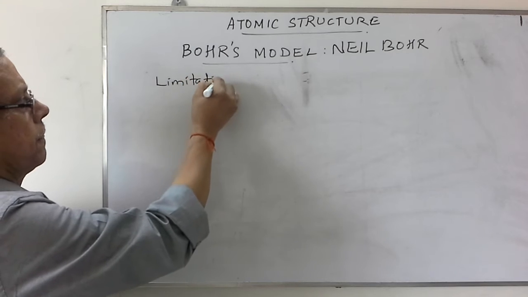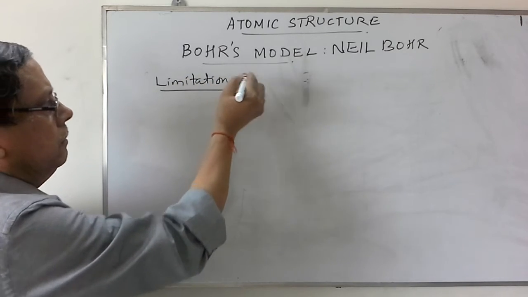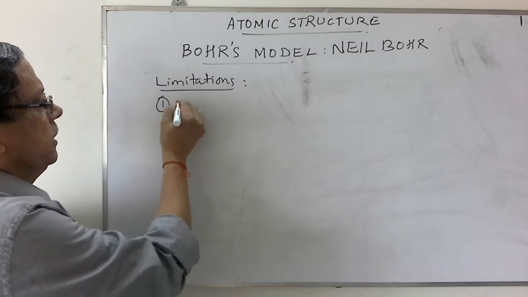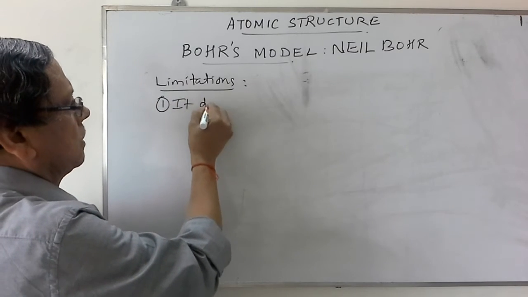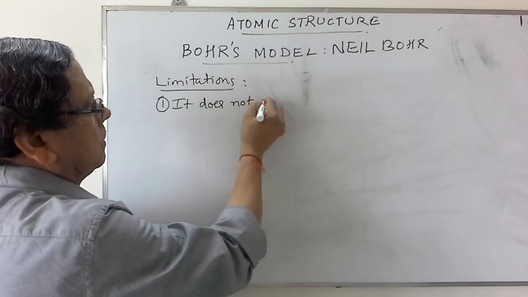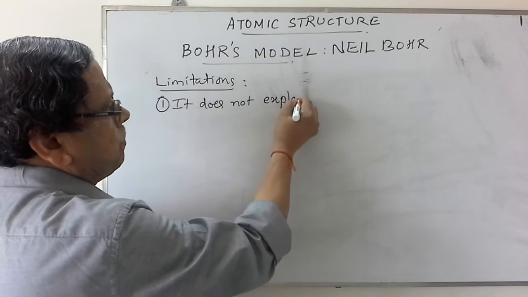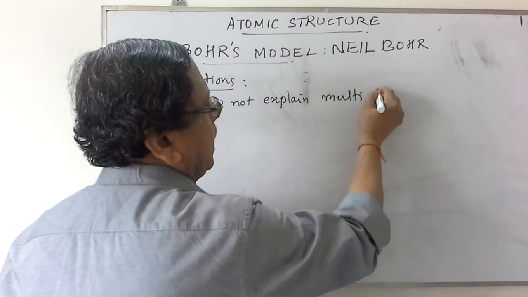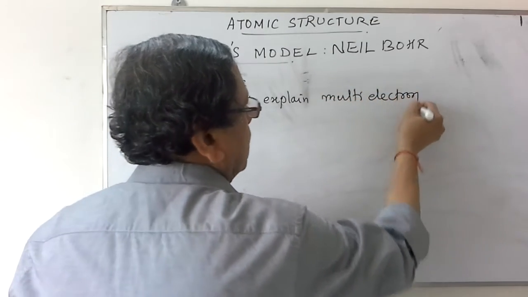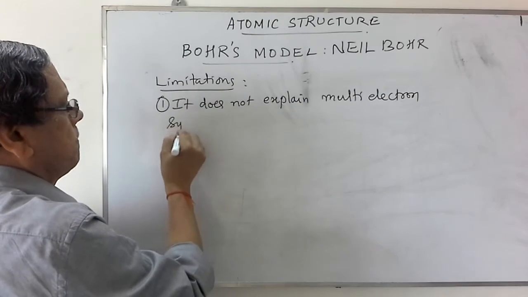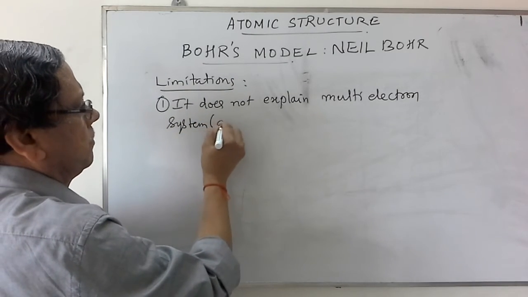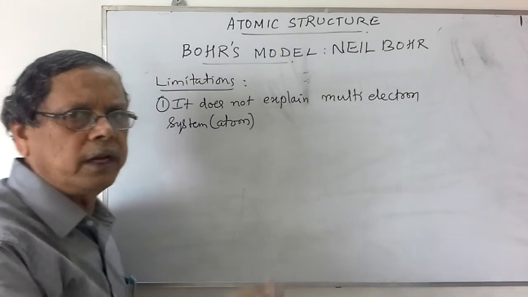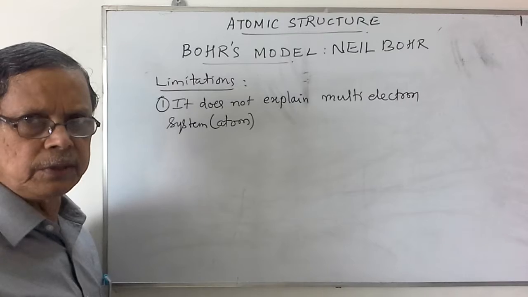The first limitation is that it does not explain multi-electron systems or atoms. It considers velocity, energy, etc. only in the case of a one-electron system.